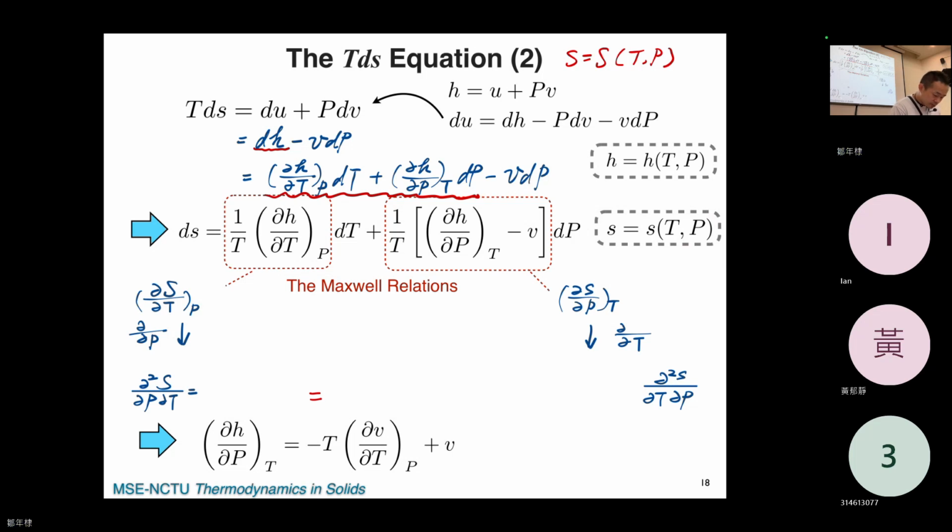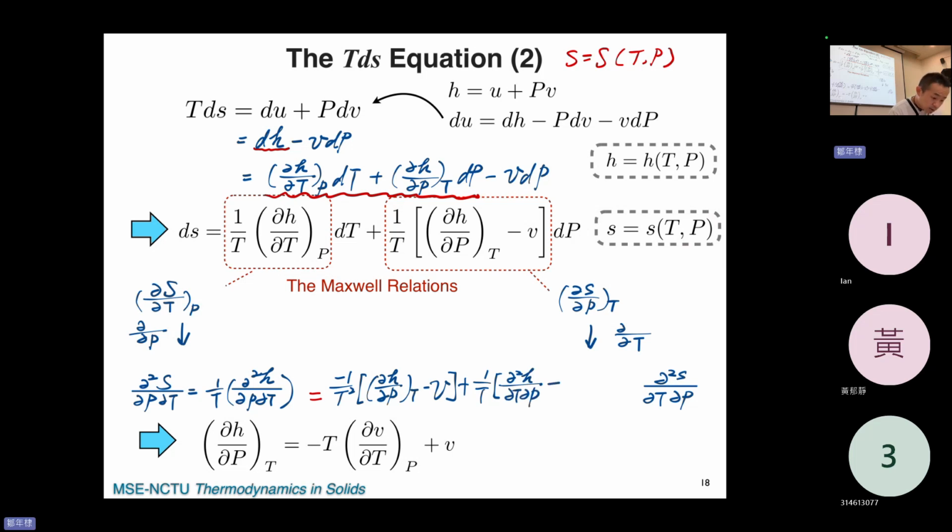The left side equals 1 over T partial squared H over partial P partial T. And the right-hand side is relatively ugly: partial H over partial T, T minus V, plus 1 over T partial squared H over partial T partial P, minus partial V over partial T at constant P. Ugly, but luckily they cancel each other.